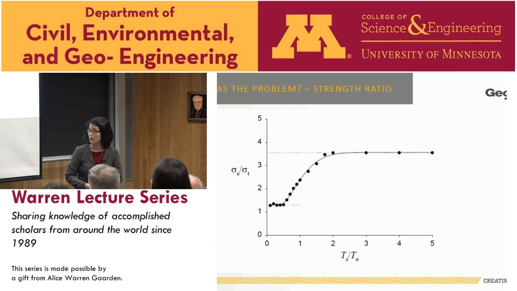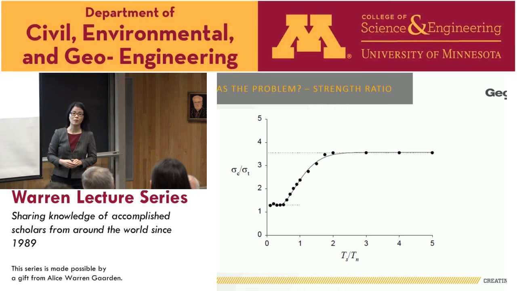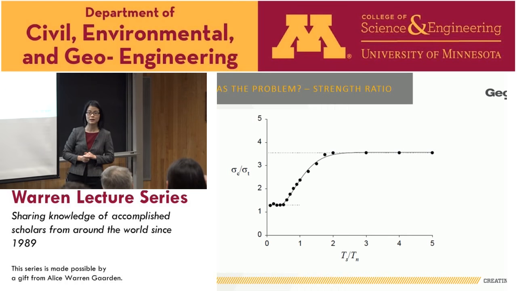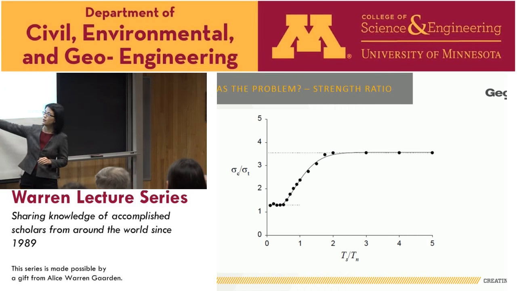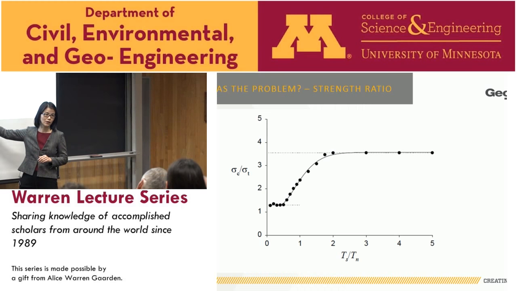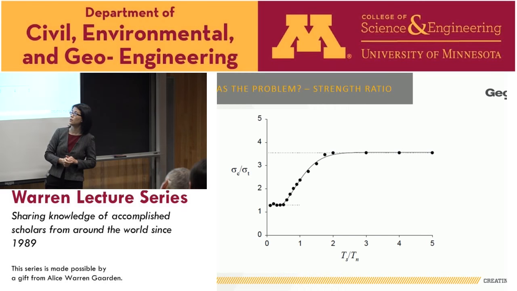If we plot the compressive strength over tensile strength, it is a function of the bond strength ratio. This is the main parameter that governs it. TS in this case is the shear bond strength, and TN is the normal bond strength.